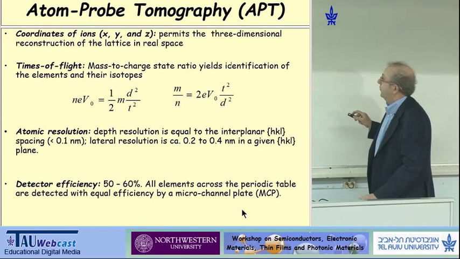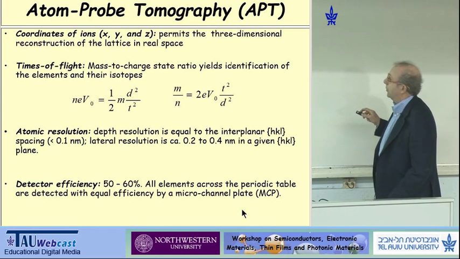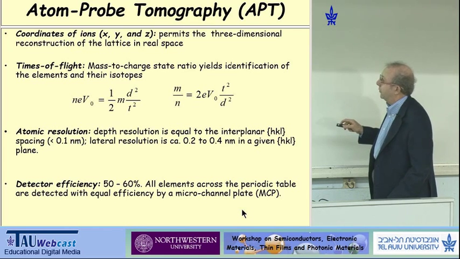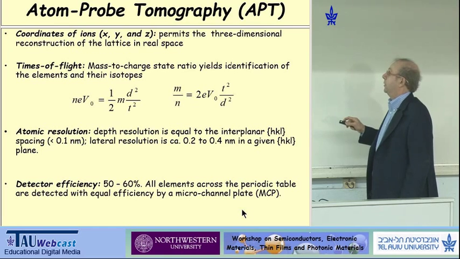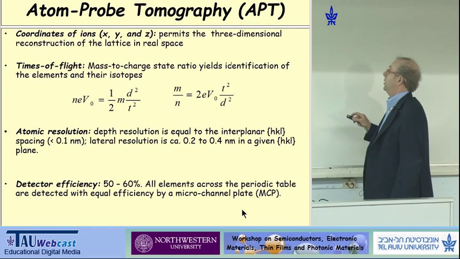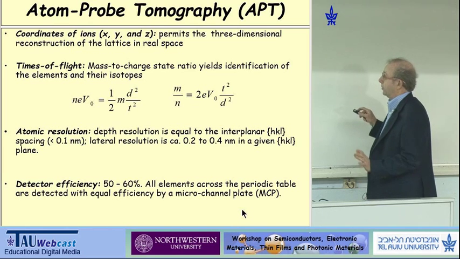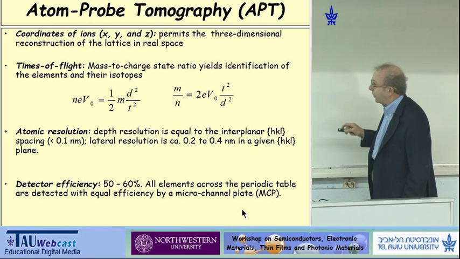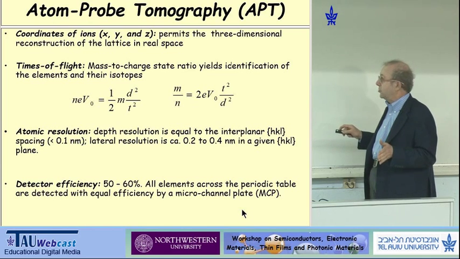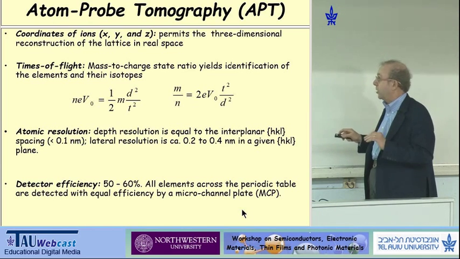Okay, and the depth resolution is equal to the interplanar spacing between different HKL planes, and that can be less than 1/10 of a nanometer. The lateral resolution is 0.2 to 0.4 nanometers for a given crystallographic plane. The present detector efficiency is between 50 and 60%, and that's determined by the open area of the channel plate.